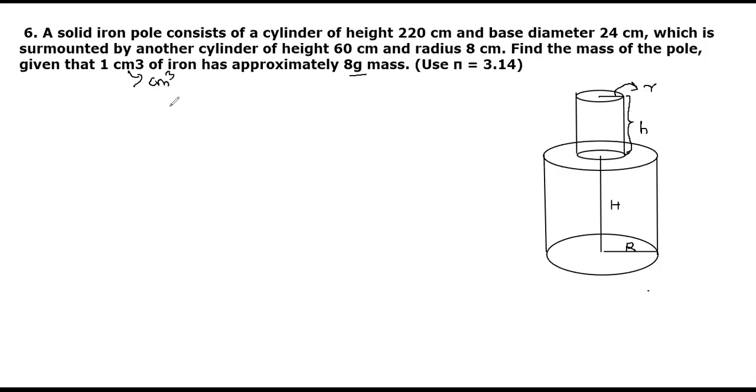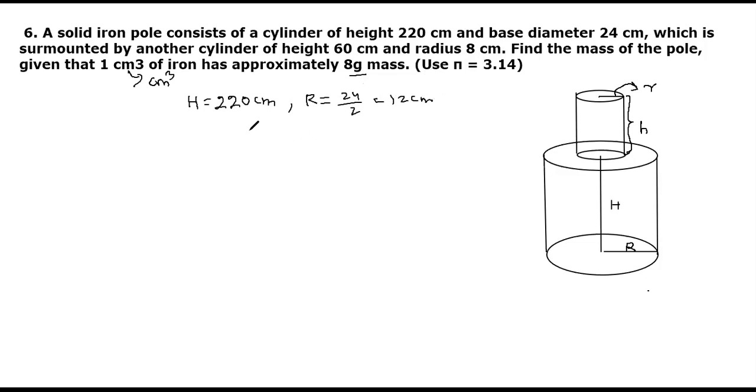Right, what is given here? Capital H, the height of the bigger cylinder, is 220 centimeters. The radius of the base of this cylinder: the diameter is given, so half of it, 12 centimeters, is the radius of the bigger cylinder.